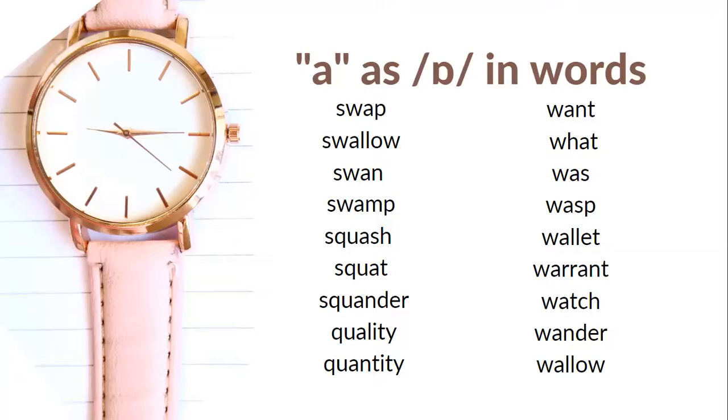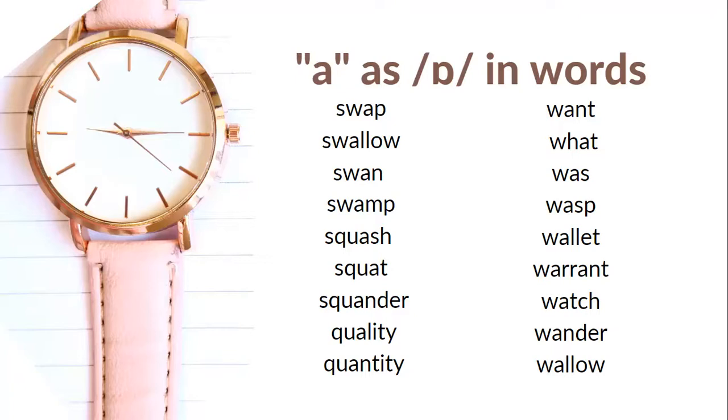So we have swap, swallow, swan, swamp, squash, squat, squander, quality, quantity, want. So this word is not want with the A as in cat, what, was. Now when you're speaking in connected speech, you'll have this as was.